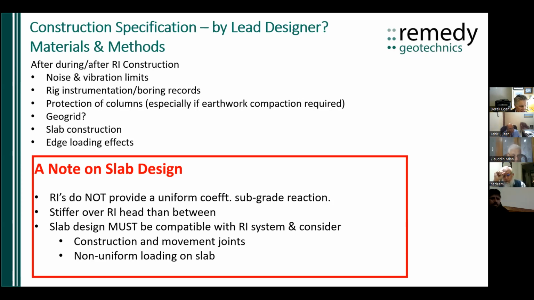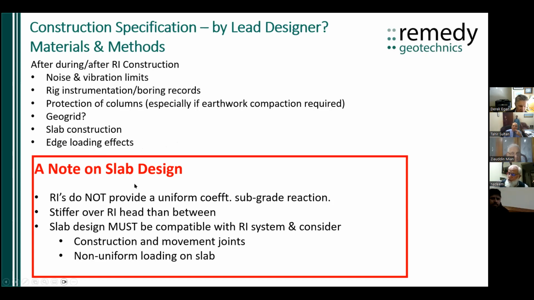Now they've got to protect the columns so they don't get broken at that point. You've obviously got slab construction, which needs to be compatible with the rigid inclusion system, as we've discussed, and edge loading effects. Yes, because you've got the columns in the ground, there has been at least one failure where, next to the grid of columns, a large stockpile was built, which failed, breaking a lot of columns.